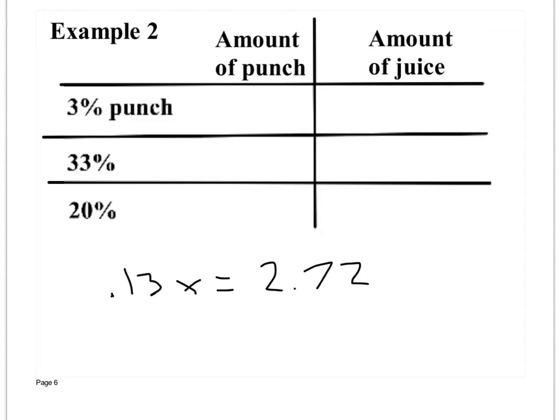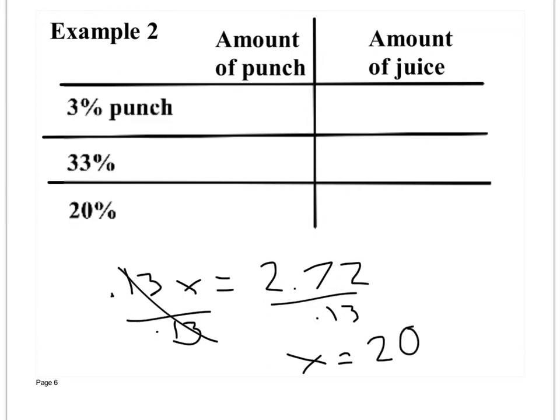Now what do I need to do? Divide by 0.13. Okay, x is equal to 20.9. And this is what? Is it cups, pounds, percentage? What is this? Cups, right? So this is how many cups of the 33% that I need.